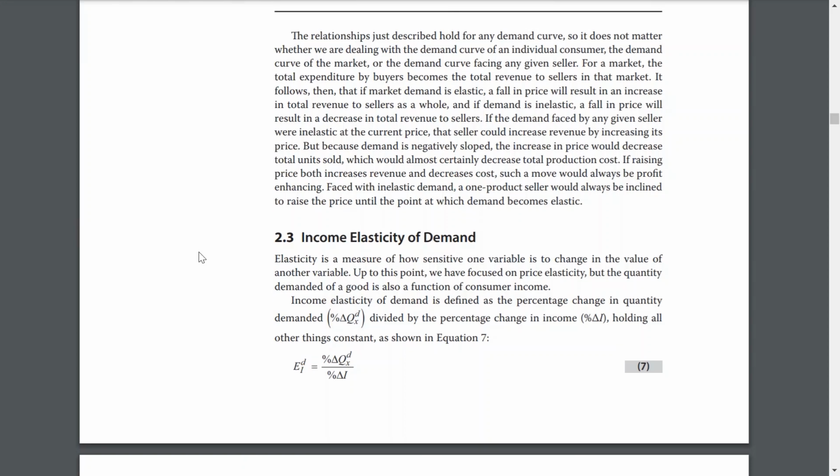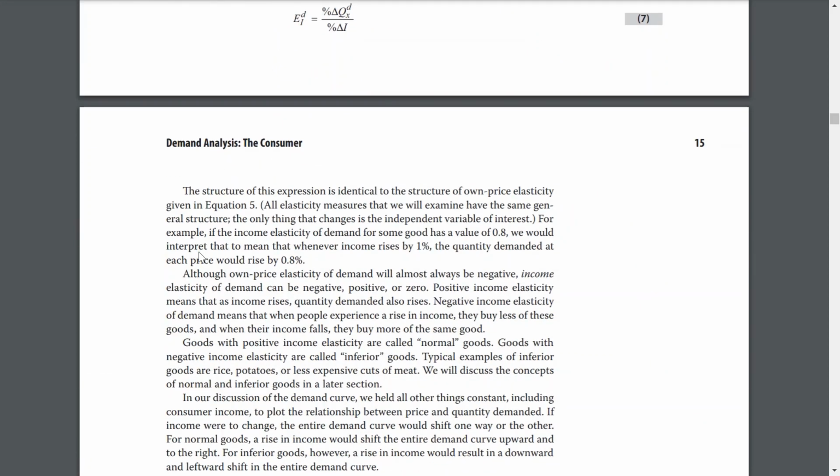The structure of this expression is identical to the structure of own price elasticity given in equation 5. All elasticity measures that we will examine have the same general structure: the percentage change in the dependent variable divided by the percentage change in the independent variable of interest.